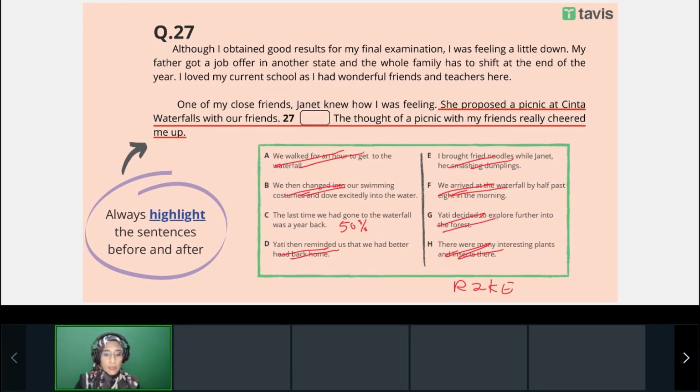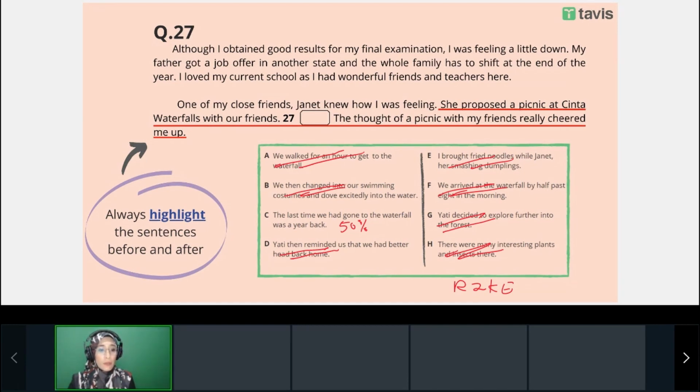We are applying the tip of R2KE. We have eliminated options, and we are trying to find keywords. Although there are no keywords, the key here is you have to see this is just an introduction and we are trying to highlight the before and after sentences, which is, after the blanks.